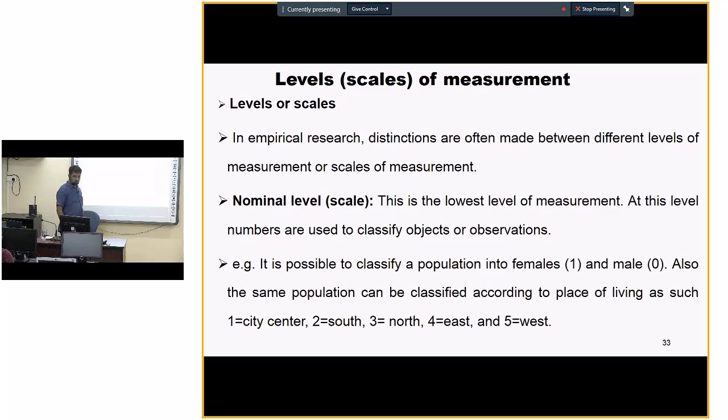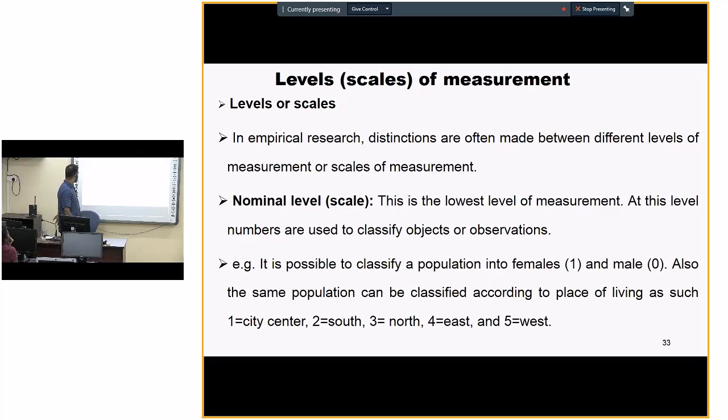Yes, discuss one by one, right? You can use them. In empirical research, distinctions are often made between different levels of measurement or scales of measurement. Nominal level or scale, this is the lowest level of measurement.